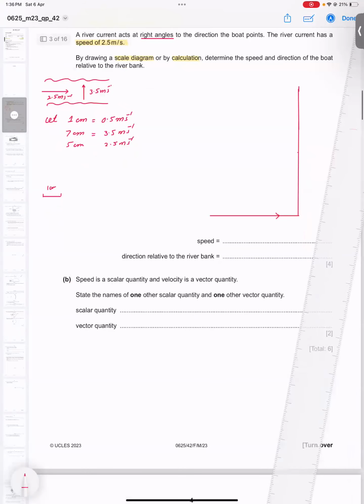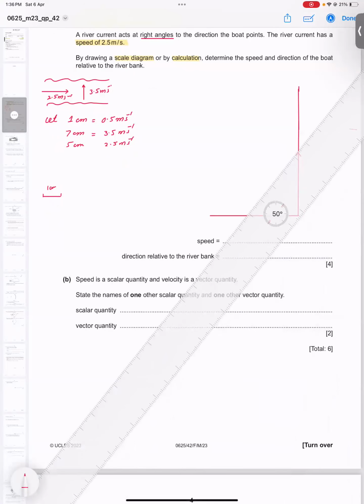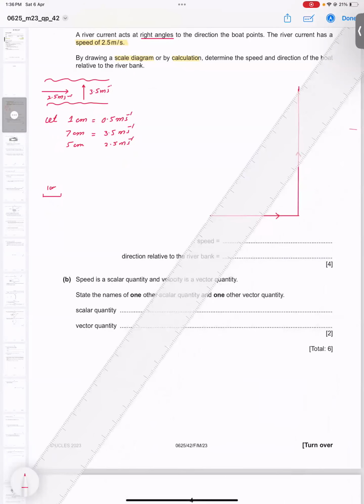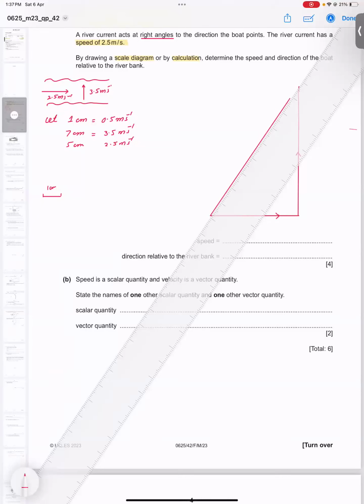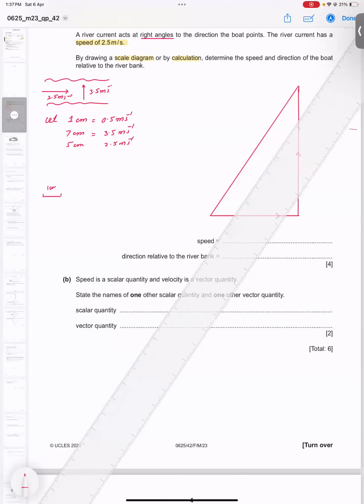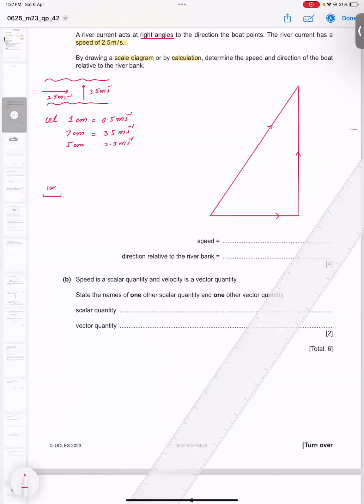According to the head to tail rule, I add both vectors because velocity is a vector. I add them by scale because I'm using a scale diagram. When I add them by head to tail rule, this will be the resultant of addition of these two vectors.